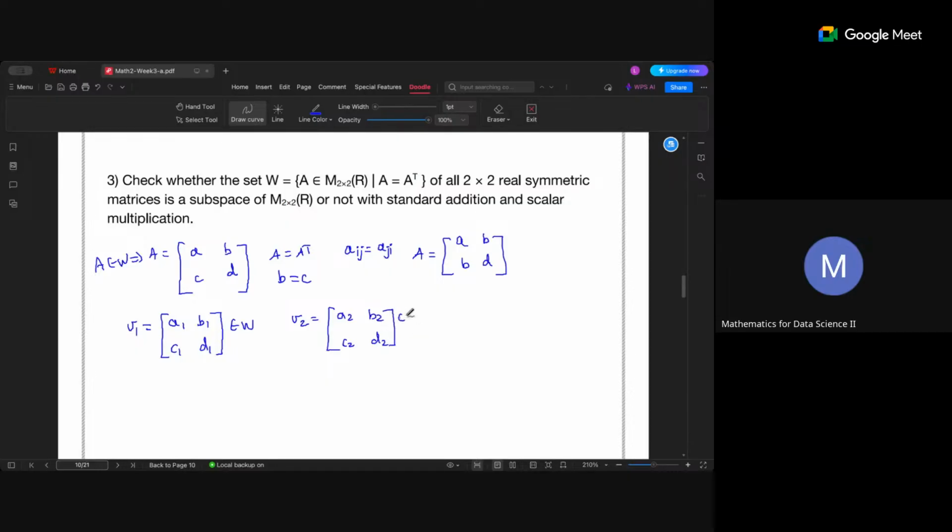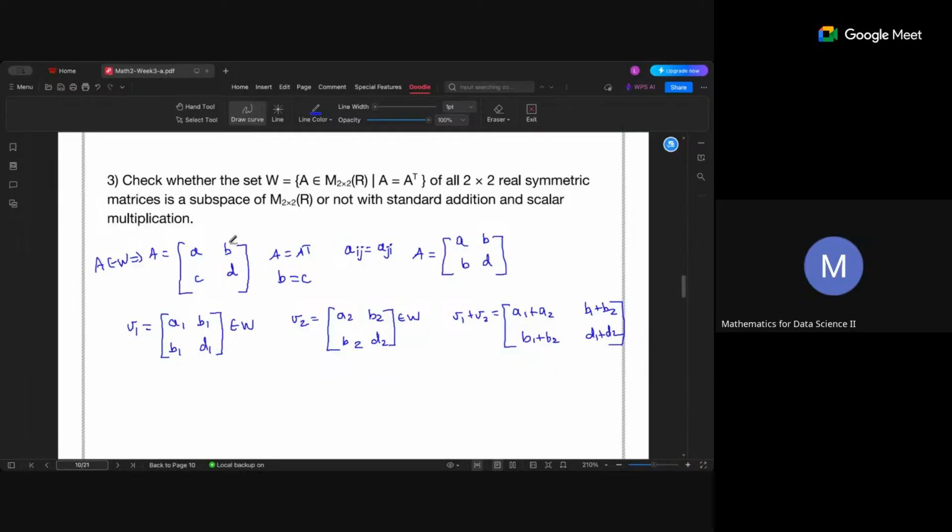Now what is V1 plus V2? A1 plus A2, B1 plus B2. Hold on, I wrote it as C1 itself, so let's write it as B1, B2, D1, D2.